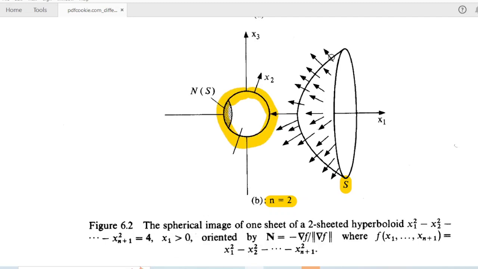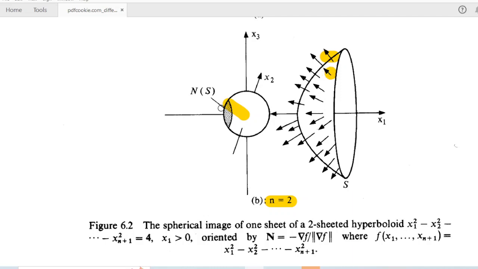If we consider these normal vectors, which are normal to the surface, and translate them to the origin, the normal vector will touch the sphere at this point.